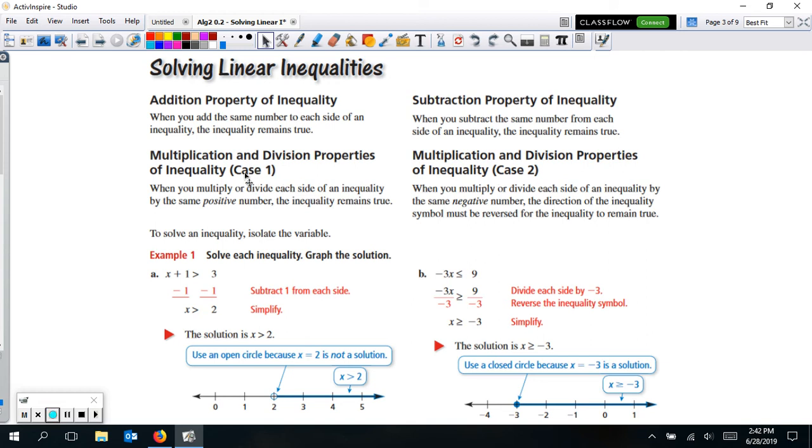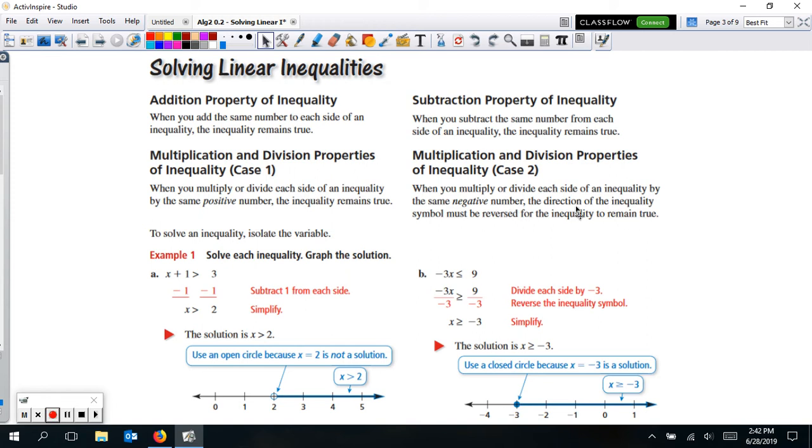Case 1, when you multiply or divide each side of an inequality by the same positive number, and you may want to highlight that it's italicized, positive number, then the inequality does remain the same. It's all fine. But in case 2, when you multiply or divide each side of an inequality by the same negative number, then the direction of the inequality symbol must be reversed for the inequality to remain true.